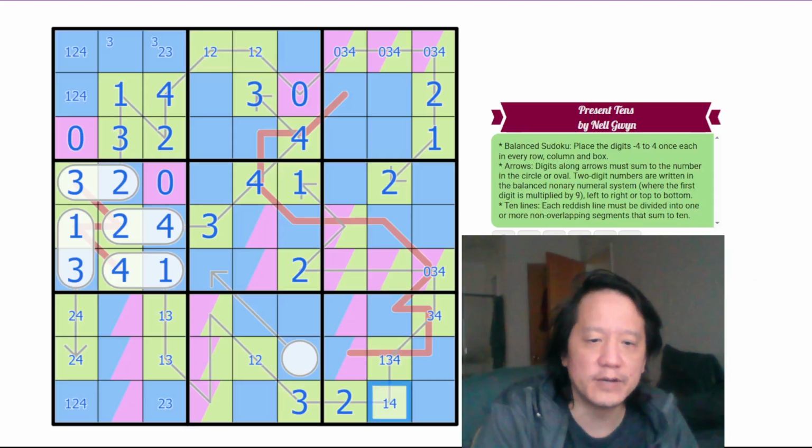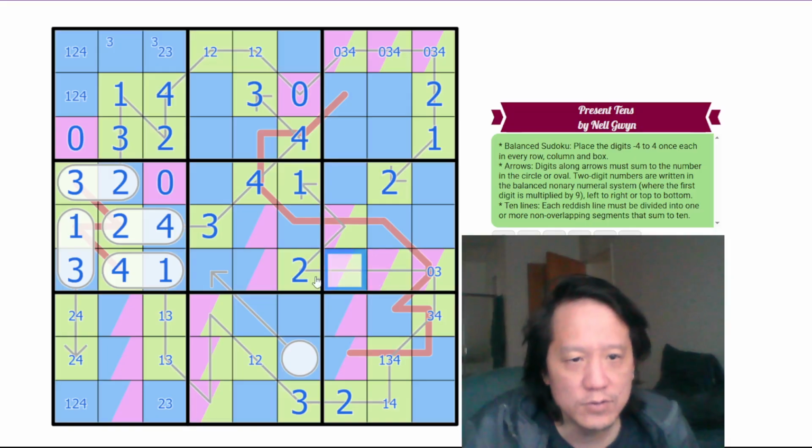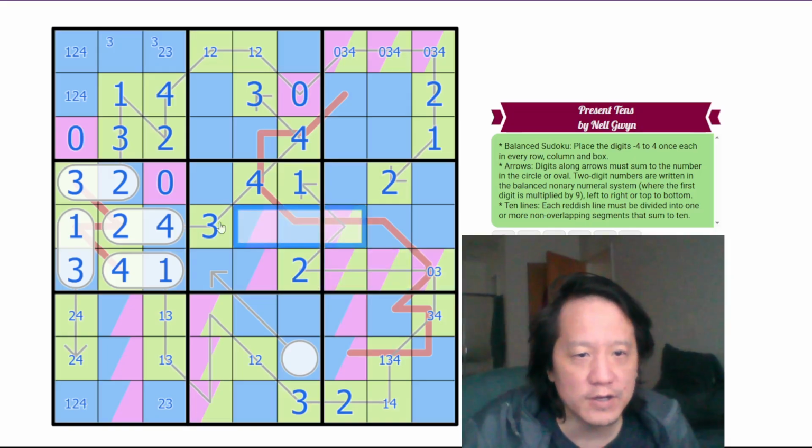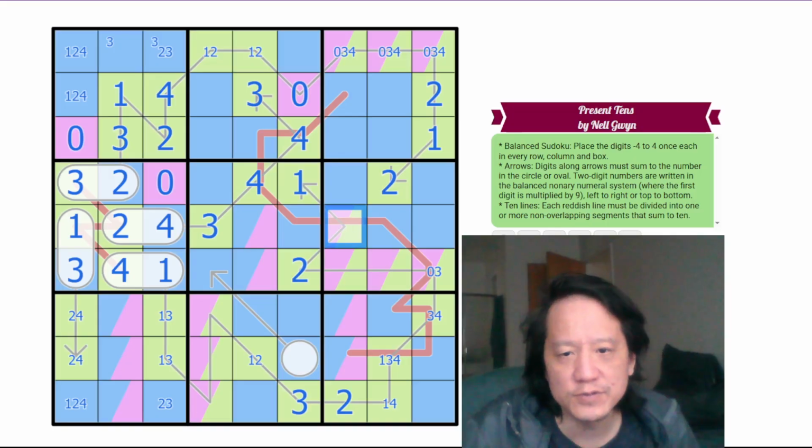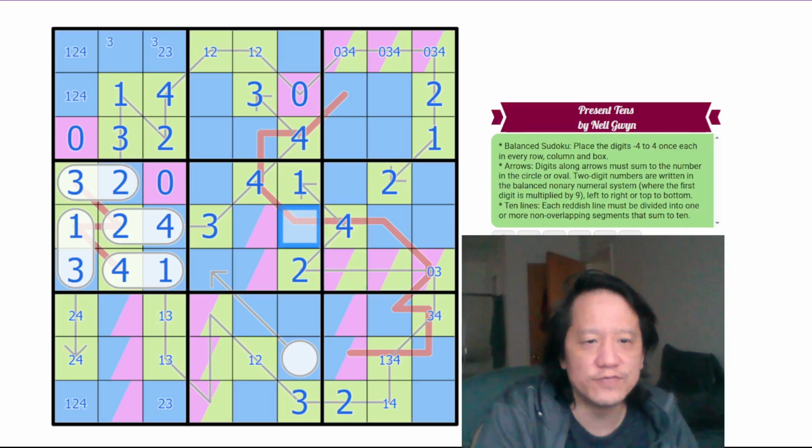Obviously 3 cannot be here because of 3 in the row. This is 2. This 4 eliminates 4 in the rest of this row. We also have 1, 2, 3 positive in row 5, so this cannot be pink. This has to be the last positive. This is 4.